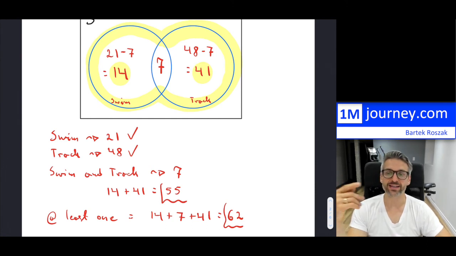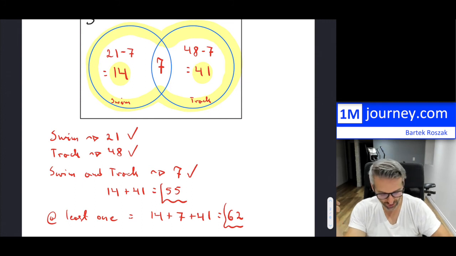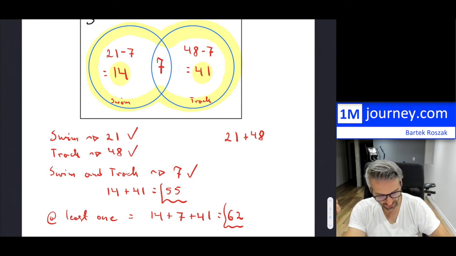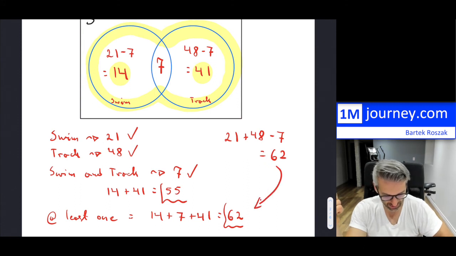But notice we counted the ones in the middle 2 times, so we have to subtract them so that we don't overcount. So 21 plus 48 gives us 69, and then minus the 7 gives us the 62, which is exactly the same.